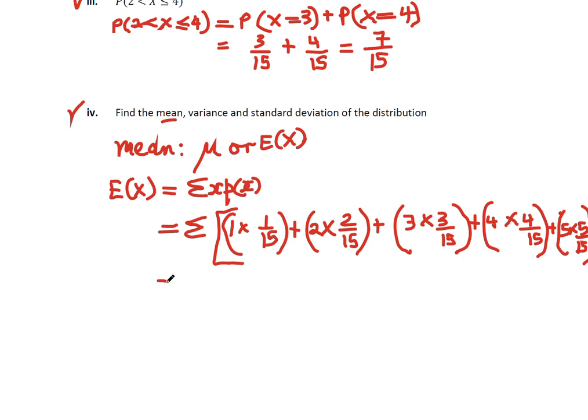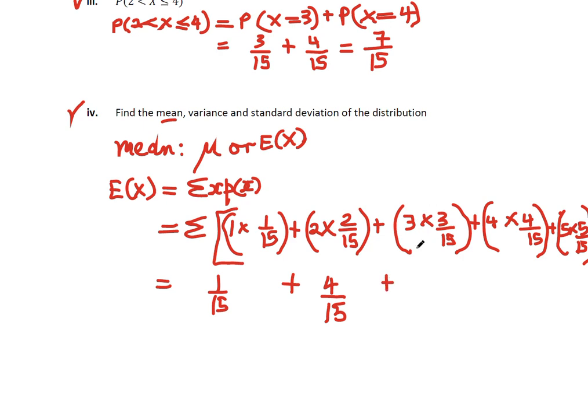So when we multiply these out, 1 multiplied by 1 over 15 is going to give us 1 over 15, plus 2 multiplied by 2 over 15 is going to give us 4 over 15, because 2 can be expressed as 2 upon 1, and then we multiply numerator by numerator and denominator by denominator. So we get 2 multiplied by 2, which is 4, over 1 multiplied by 15, which is 15.